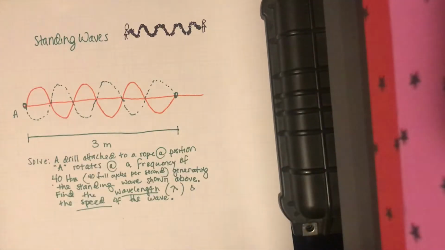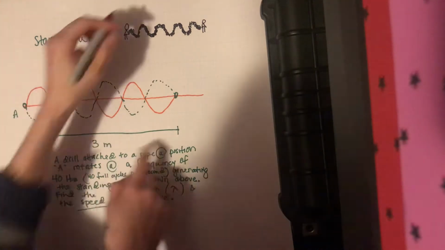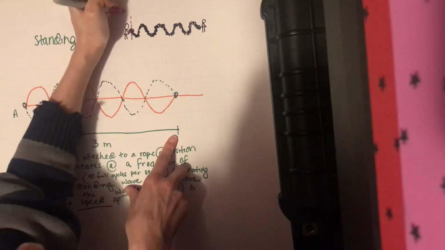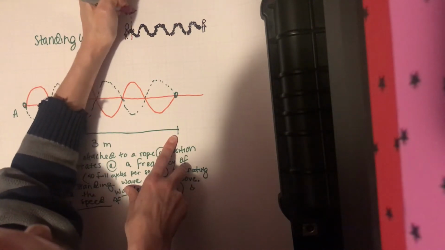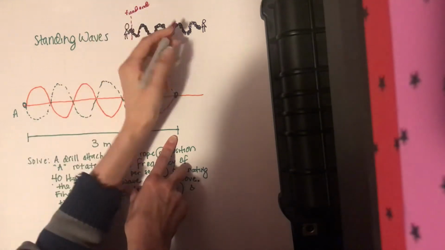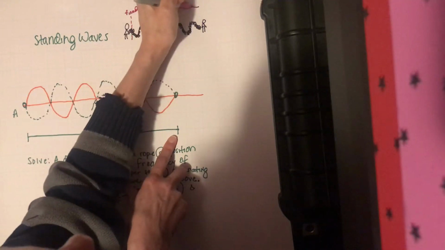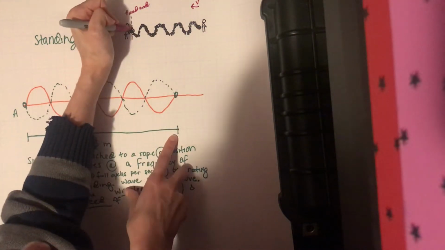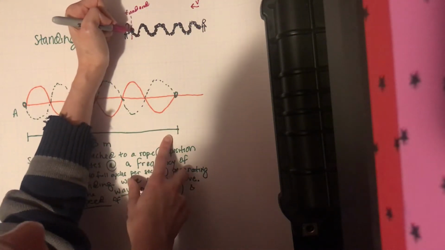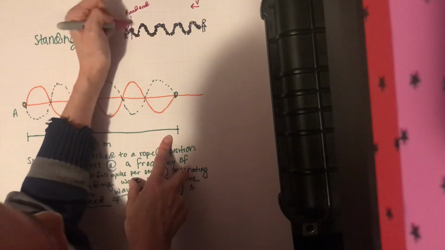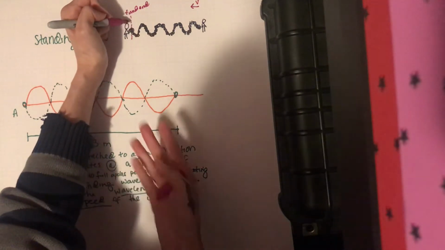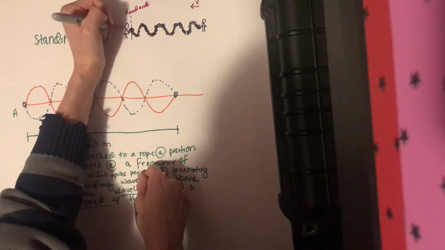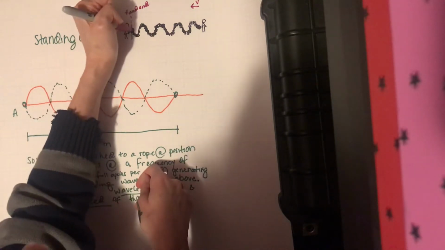However, this person over here represents a fixed end. So yes, I'm sending this periodic wave this way. However, once this wave reaches this fixed end, it's going to invert itself and reflect off of the fixed end. This is something I had mentioned back when I was talking about wave behavior at a boundary.